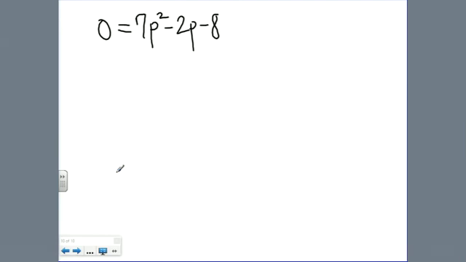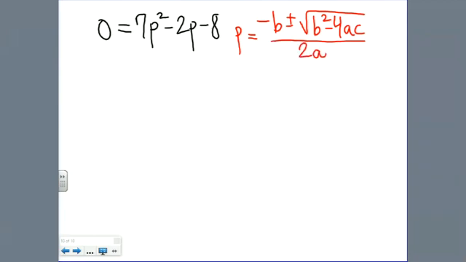So the quadratic formula in terms of p is negative b plus or minus the square root of b squared minus 4ac all over 2 times a, in which a is equal to positive 7, b is equal to negative 2, and c is a negative 8. So let's plug all those values into our quadratic formula.